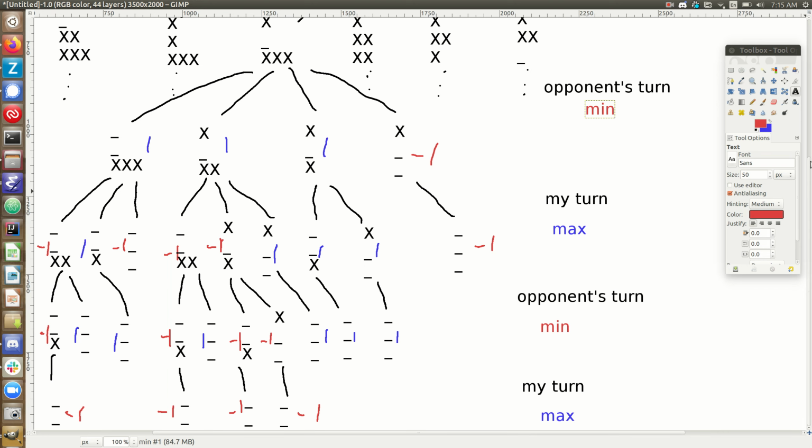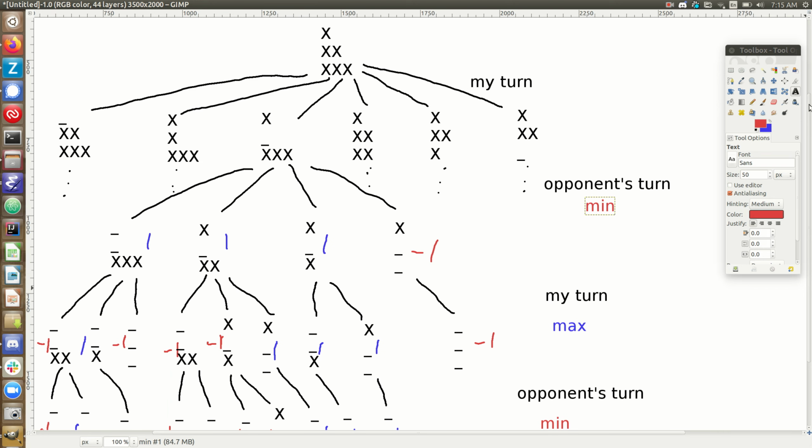Because, if you remember, the first move was mine and the second move was my opponent's, then this state has to be considered as a loss for me because there is one simple move my opponent can take, taking all 3 from the bottom, that forces me to take the last piece and therefore is a loss for me. And my opponent will choose the minimums among these successor states. And so for that reason, I treat this state as a -1.